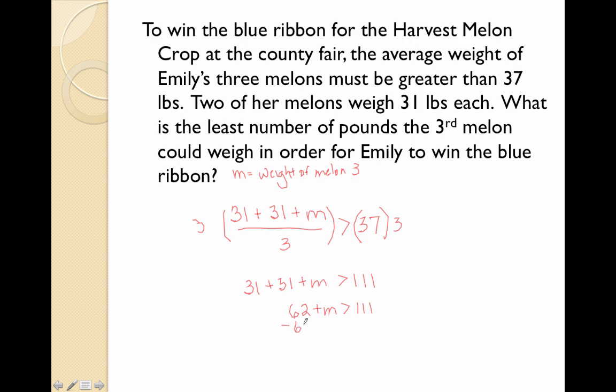Now I can isolate, and I find out that the weight of that very last melon must be greater than 49 pounds. That sounds like a pretty big melon. So in order to win the blue ribbon, Emily has to have that third melon be over 49 pounds, because if I average 31, 31, and 49, that would be greater than 37.